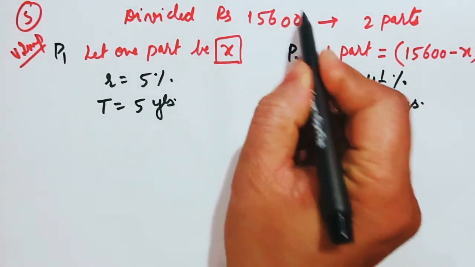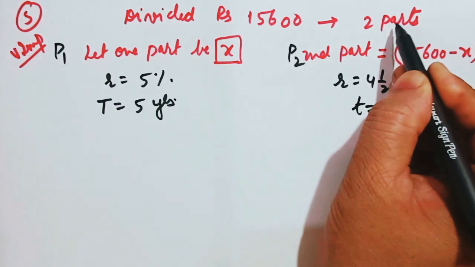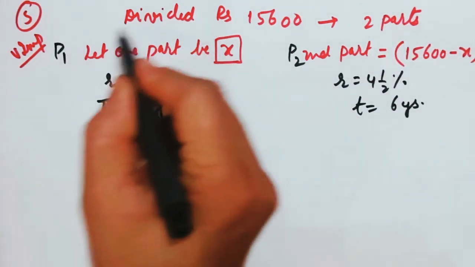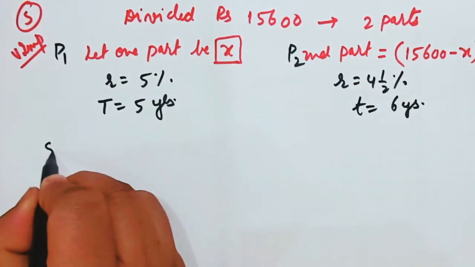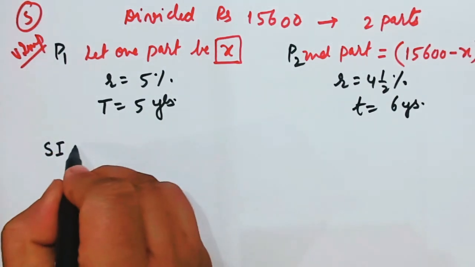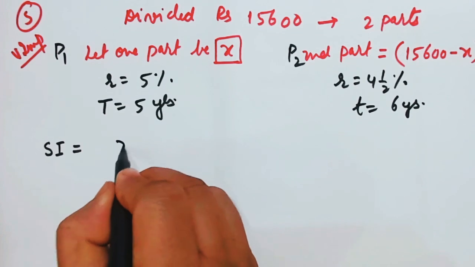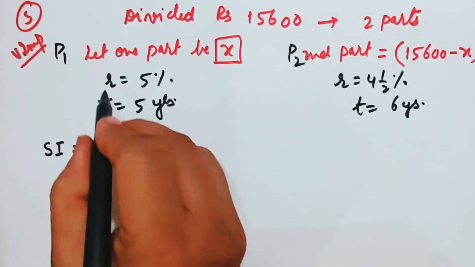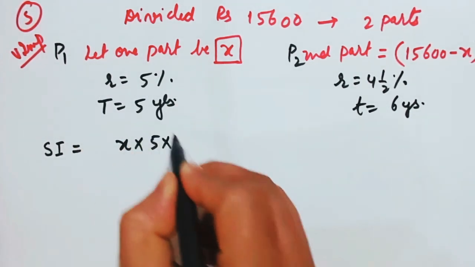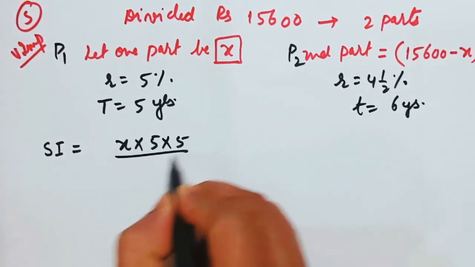Rupees 15600 is divided into two parts such that the interest on one part, तो बेटा इसका interest क्या होगा? इसका interest is equal to how much? PRT by 100, P into R into T, 5 by 100.